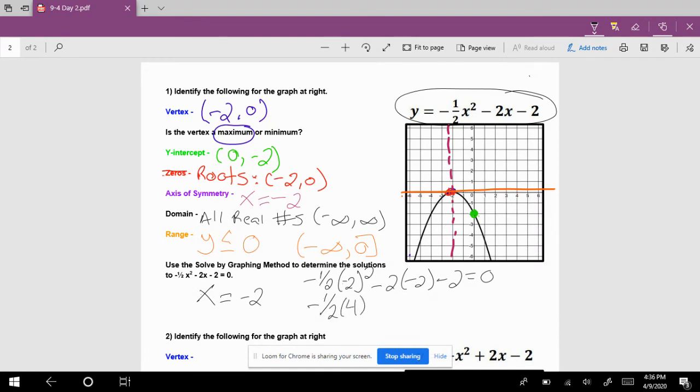Negative 2 times negative 2 is a positive 4 minus 2. Negative 1/2 times 4 is negative 2 plus 4 minus 2 does indeed give me 0. Okay, and that is the only solution for this equation. You guys saw before your quiz that sometimes you do only have one solution.